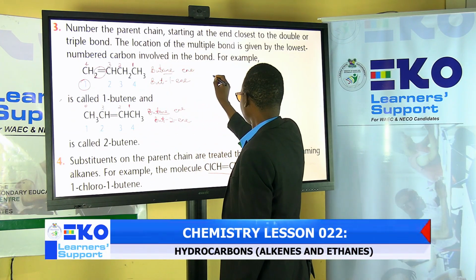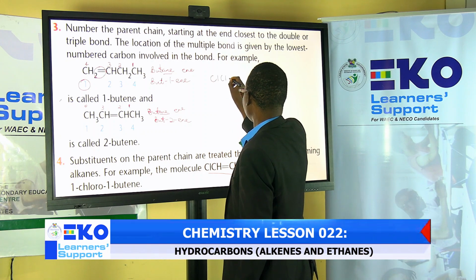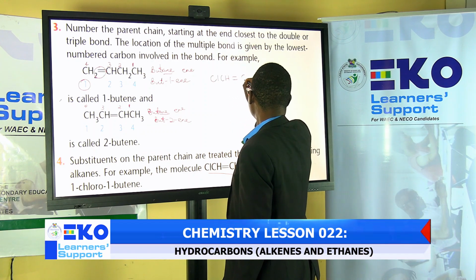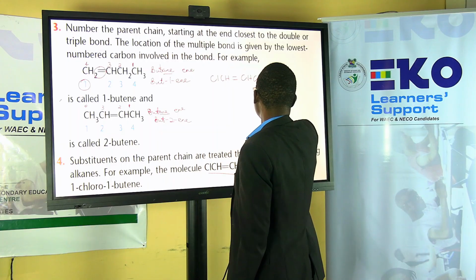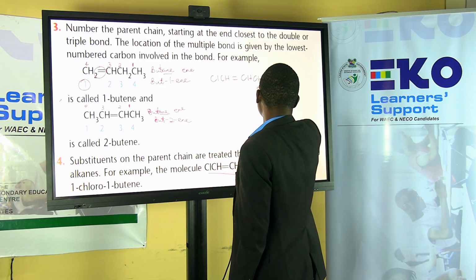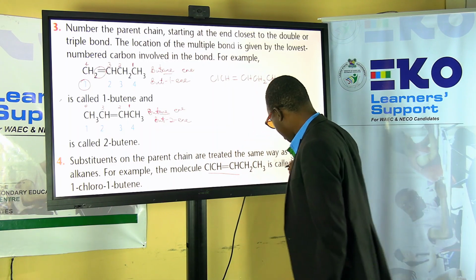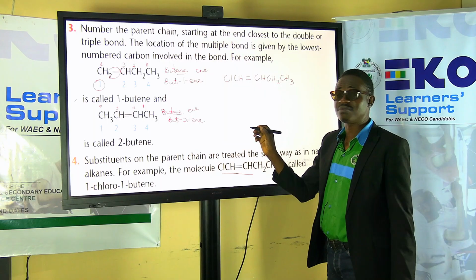Then you have Cl, CH, the double bond, CH, CH2, then CH3. Look at this. I have to look at the position of the double bond.